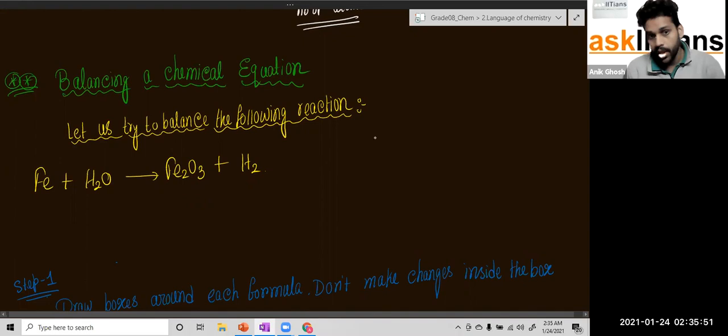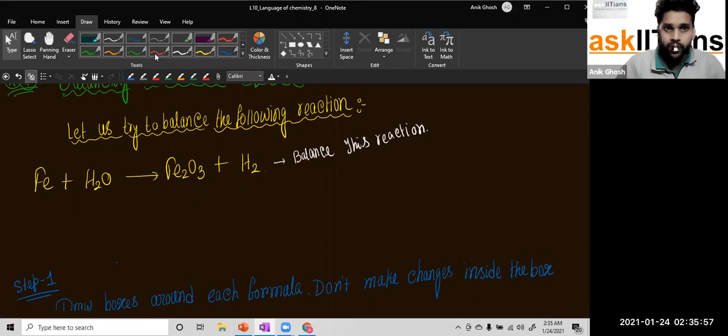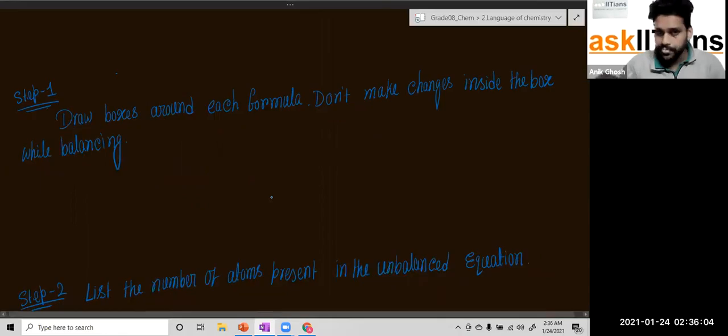How would you be able to do that? There are a few steps that you need to follow in order to find the exact way to balance this chemical reaction.